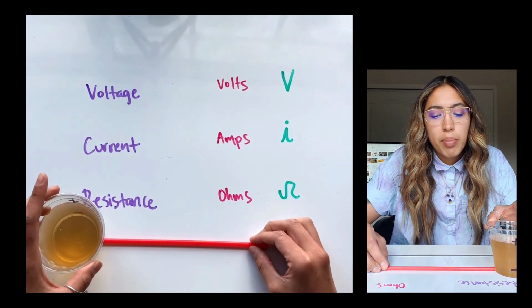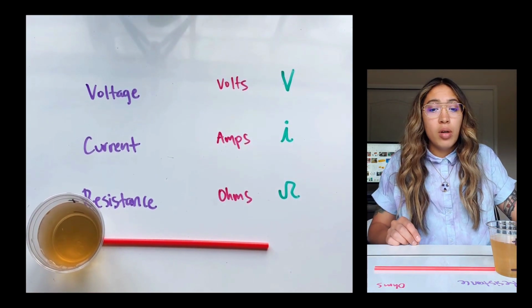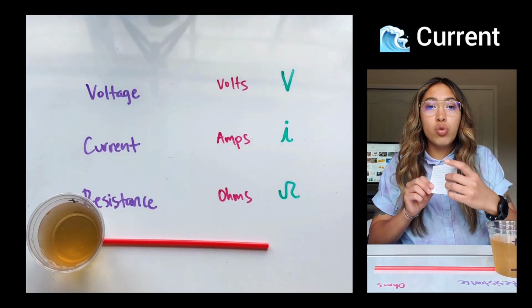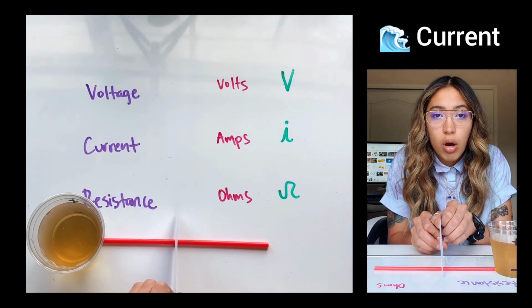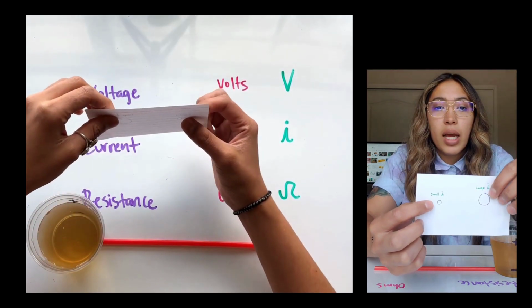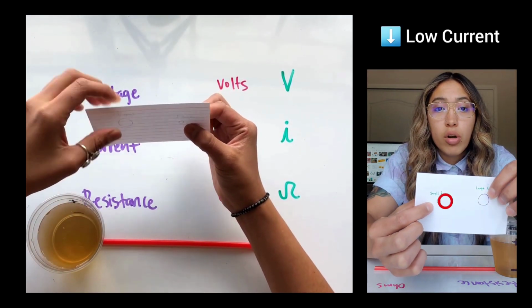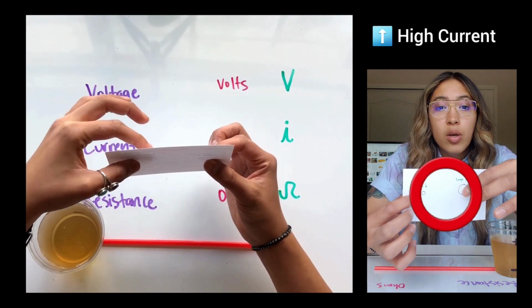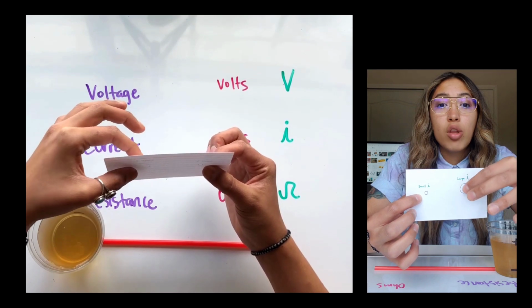Once I have my battery and my wire set up, I want you to understand current. If I got a little tool here and I slice this straw and look at it, either I'm going to have a small I, a little current, like a small straw, or I'm going to have a large I, the equivalent of a large straw.